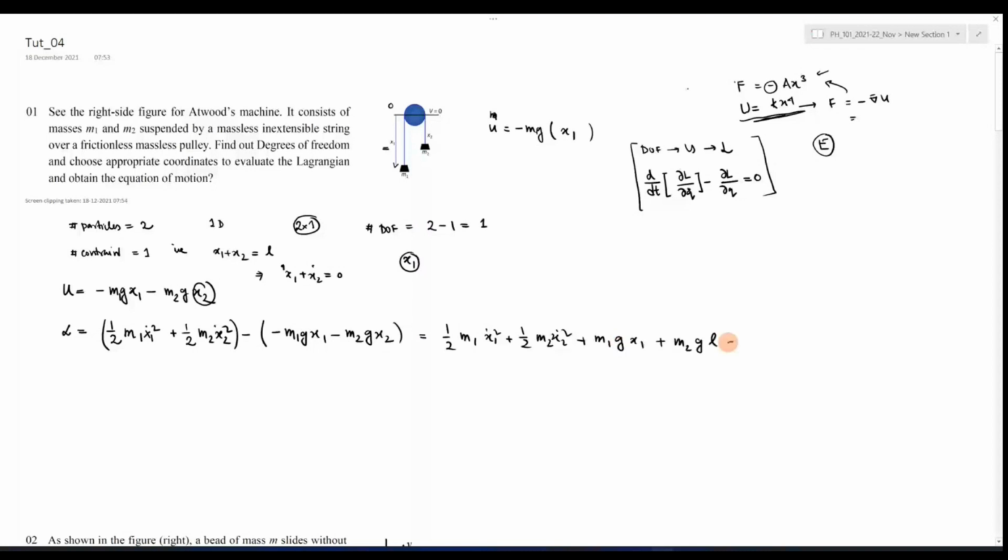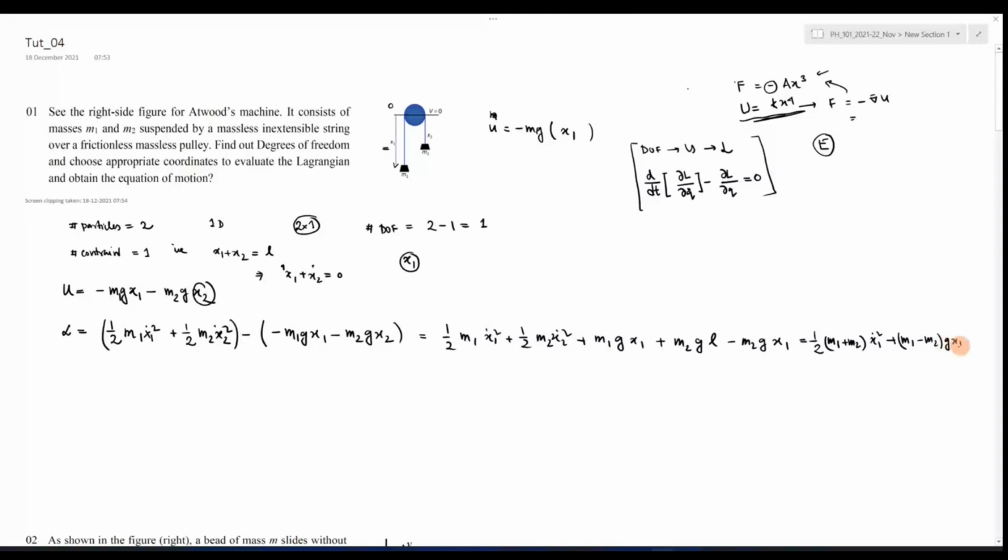Is it fine? Yes, Bhaiya. So next, let us simplify this. It will be half (m1 plus m2) x1 dot square plus (m1 minus m2) g x1 plus a constant m2 g l.